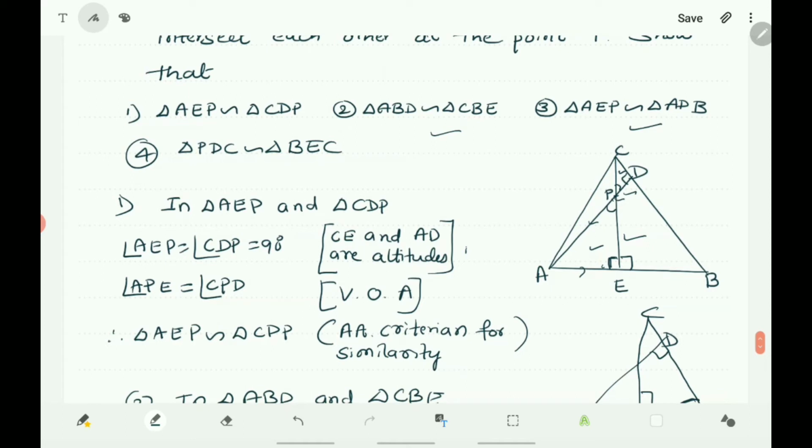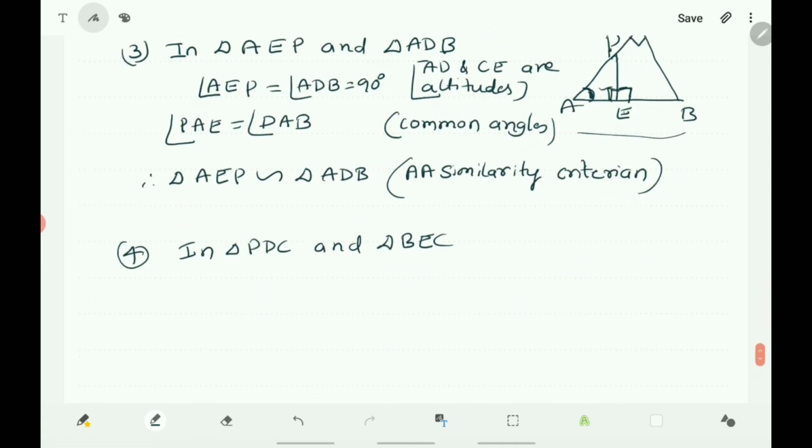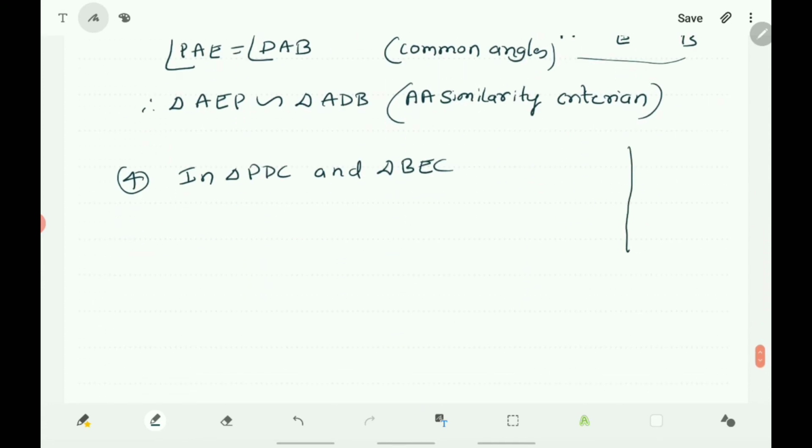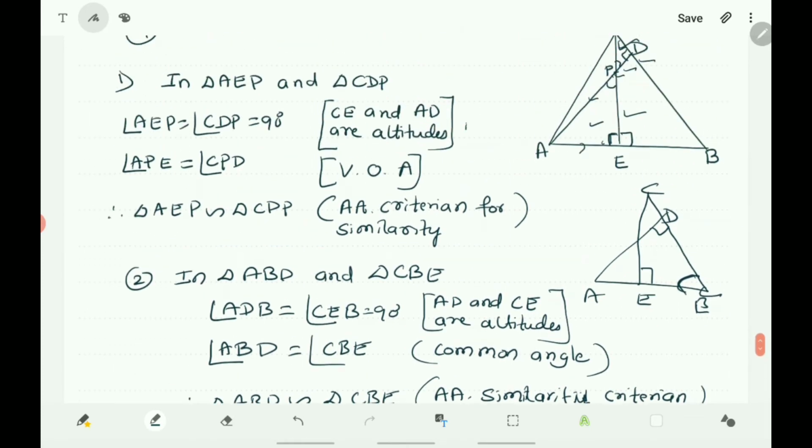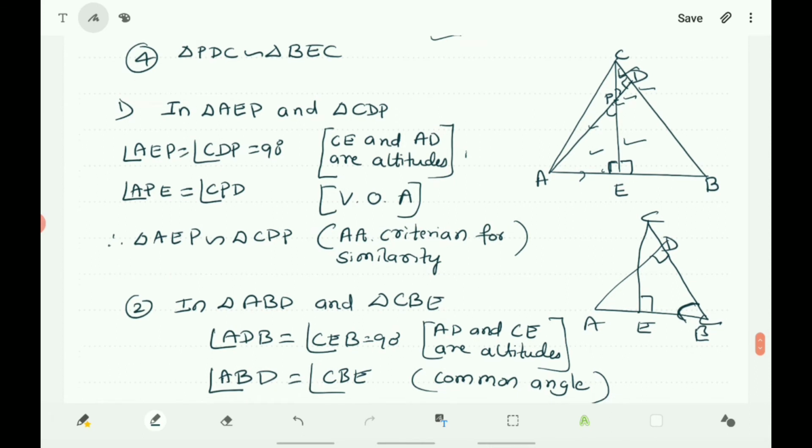Here it is PDC, this triangle, and BEC. Here this is 90 degrees, this is 90 degrees, and one common angle is there.